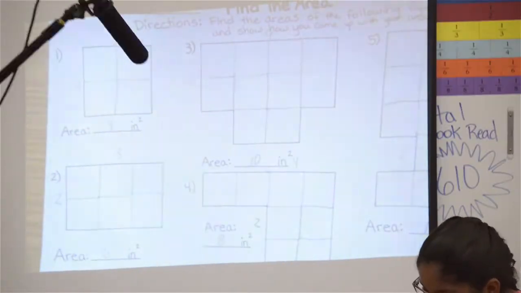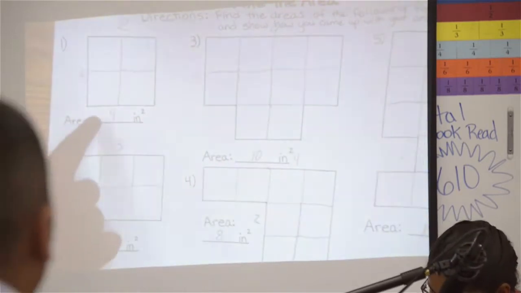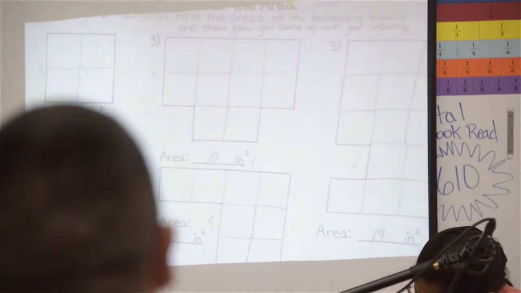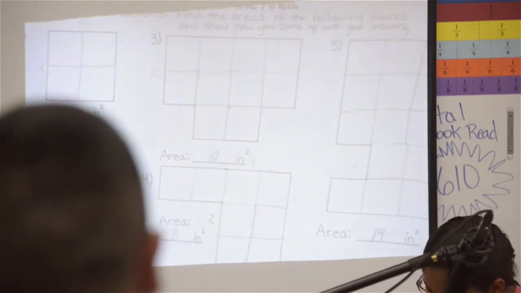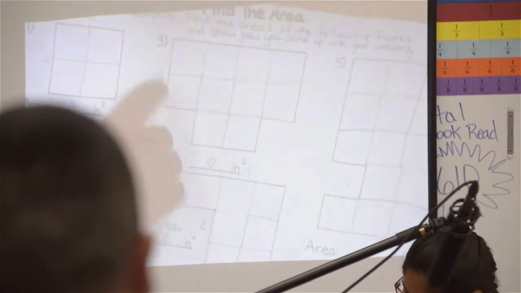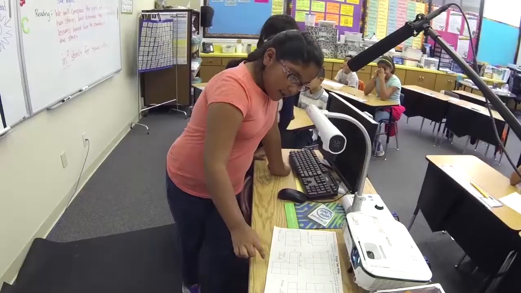We added 2 plus 2, which is 4, and then the next one was 3 plus 3 is 6, and then we went over here, and then we went 5 plus 5 gave 10. Where's your 5 and 5?